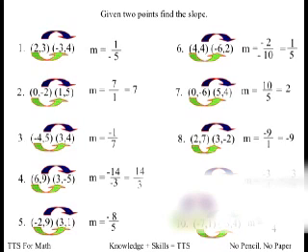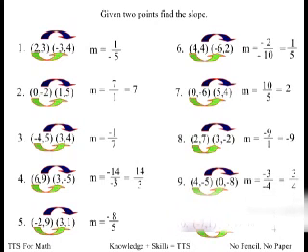Okay, let's look at problem number 9. We're going to be going from negative 5 to negative 8. Think about that. Negative 5 to negative 8. If you think about your number line, negative 8 is below negative 5.